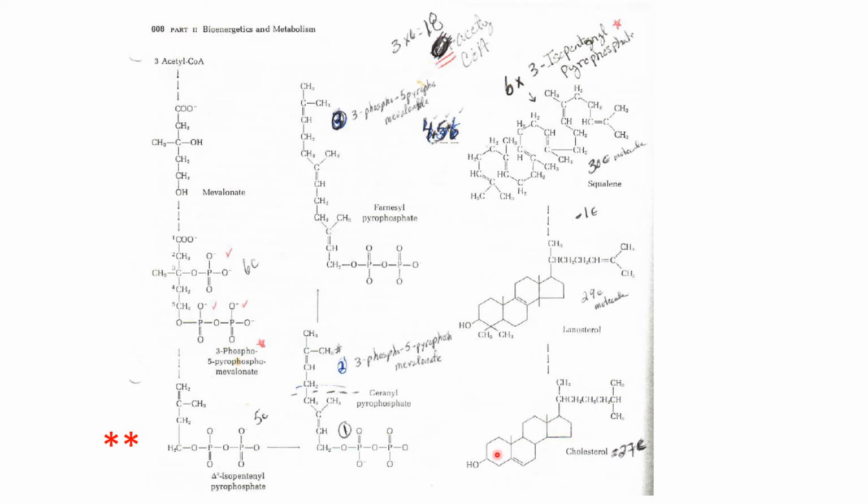I messed up, didn't I? 1, 2, 3, 4, 5, 6, 7, 8, 9, 10, 11, 12, 13, 14, 15, 16, 17, 18, 19, 20, 21, 22, 23, 24, 25, 26, 27. Okay? So now we have something we can make steroids with.